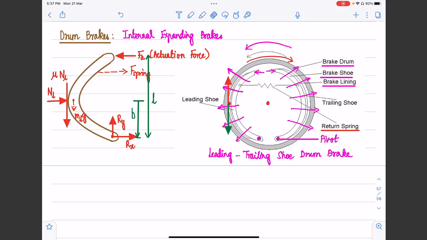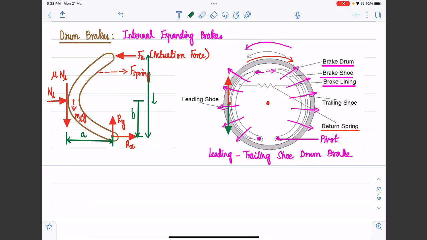So this indicates the distance at which the lumped normal load is acting. And let us say this dimension is A, which indicates the distance between the pivot and the point at which the lumped friction force is acting. So these are some numbers which we are just marking as parameters of the drum. I hope this construction is clear.